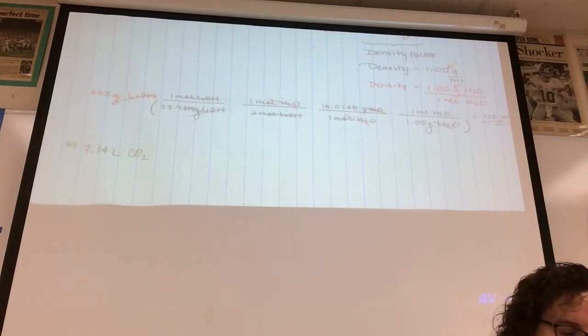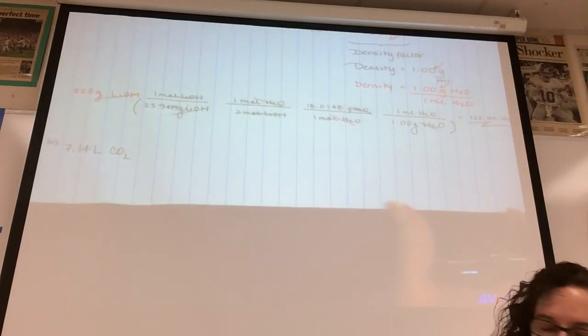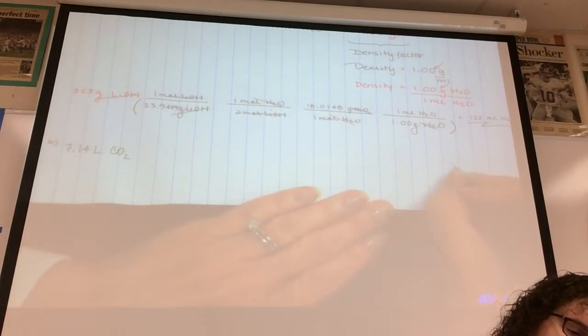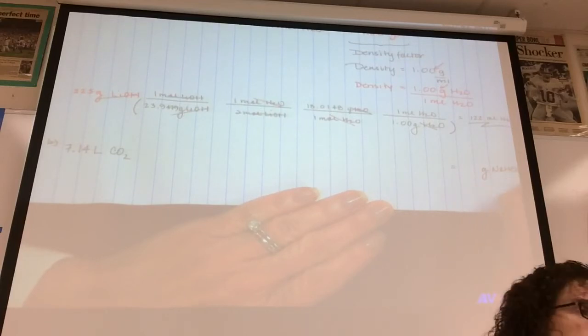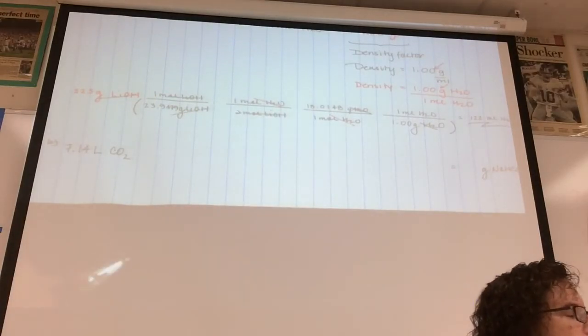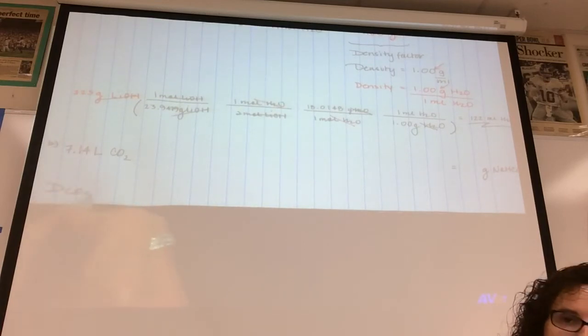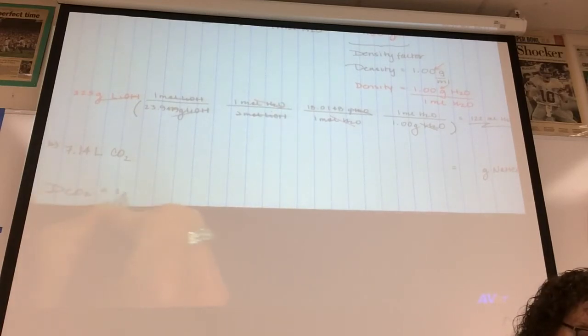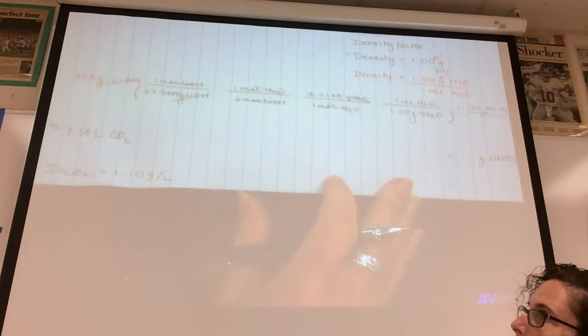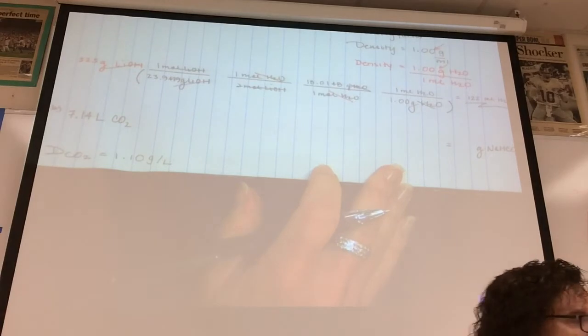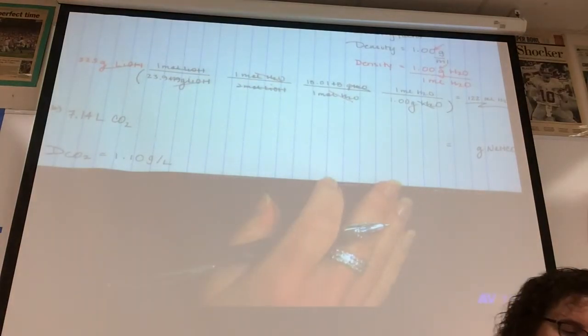And what do I want to get to? You can do it with liters because they gave you the density of CO2. The density of CO2 is 1.10 grams per liter, making it very easy to do. The equation's already balanced.